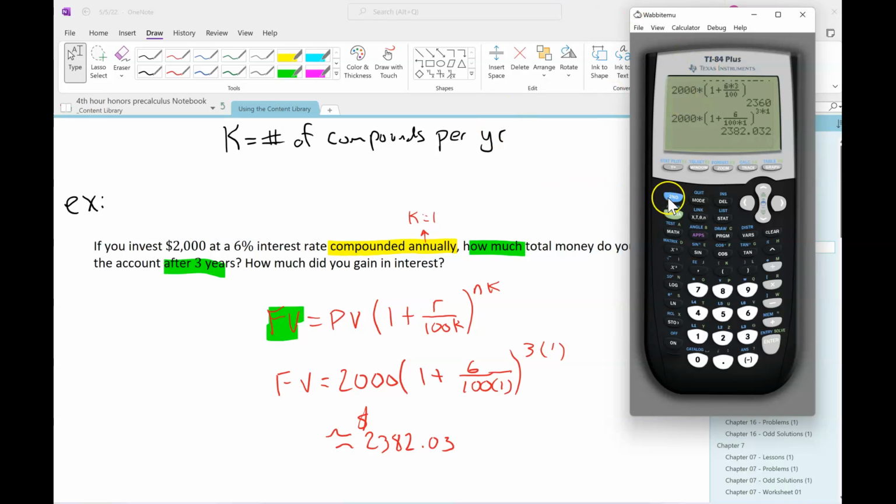What if we instead extended this out to 30 years? Let's look at what the difference would become there. So I'll change the 3s to 30. With the simple interest, I get $5,600.